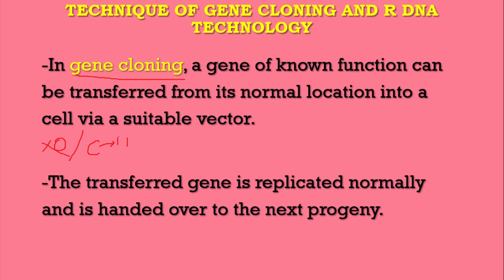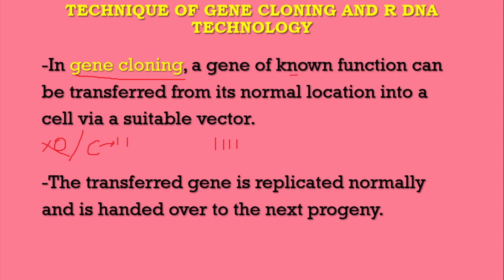Cloning means making many copies of a gene, and that is called gene cloning. Why are we using the word cloning here? Because exact copies of the gene are produced. Suppose this is one gene; when many exact copies of the gene are produced, that is called gene cloning.